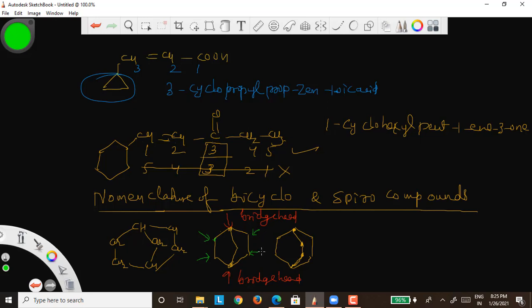These are the two carbons of the bridge. Okay. These two are carbons of the bridge. Here also two carbons of the bridge, but this is bridgehead. This one is your bridgehead, and this one is your bridgehead.